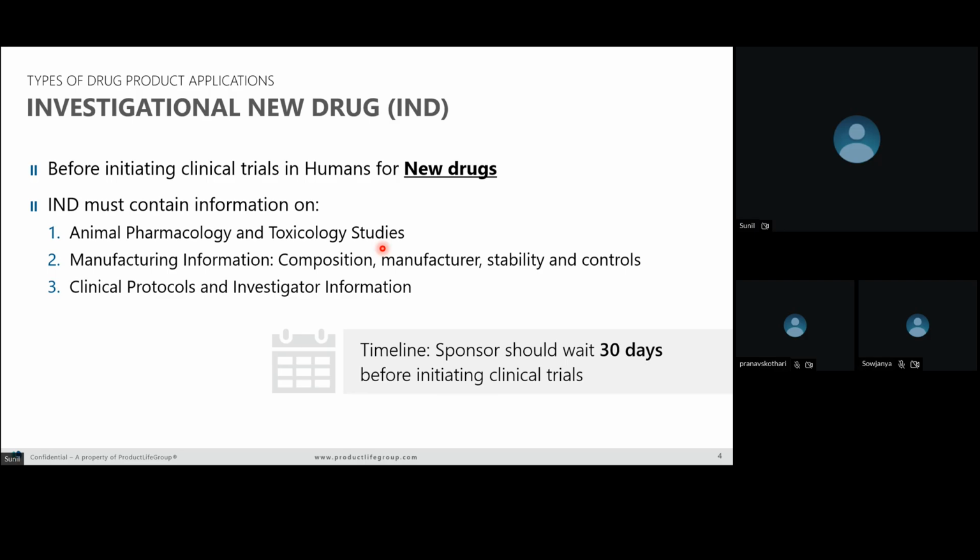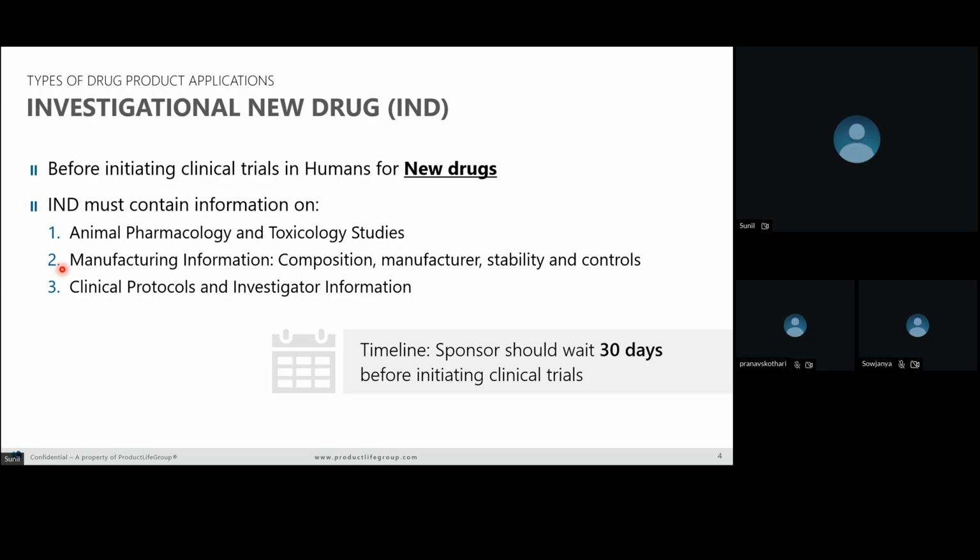It's not that only one animal study will help the applicant to build confidence. There needs to be a variety of animal studies according to the requirements. They may be pharmacokinetics, pharmacodynamics, and toxicology studies. So you have to compile all those data and make it as a part of your IND application. So first and most important part is your animal studies data.